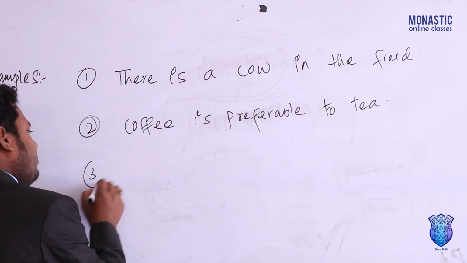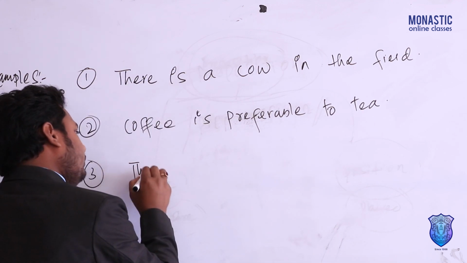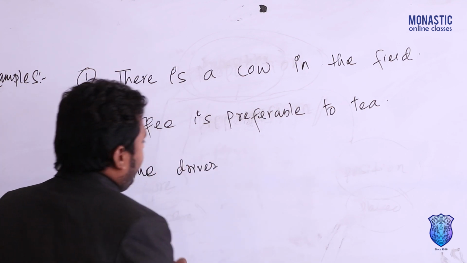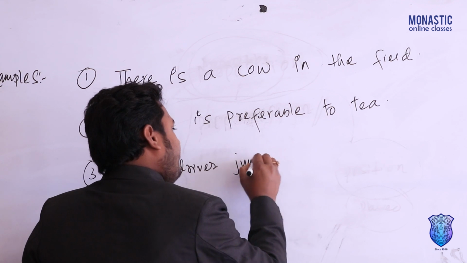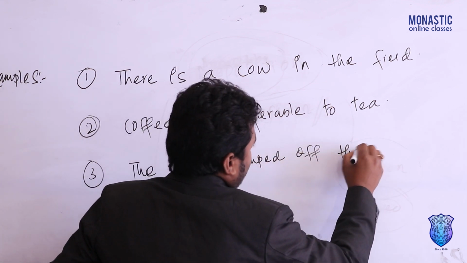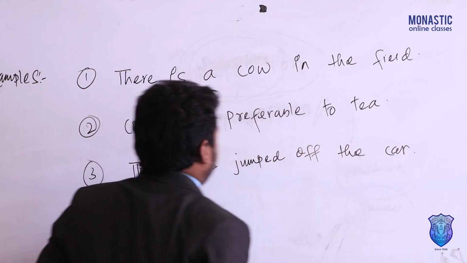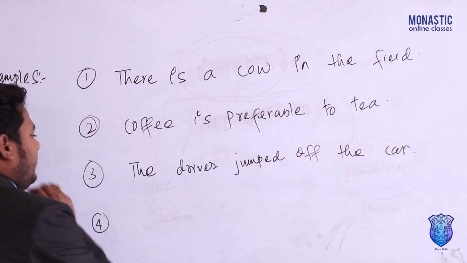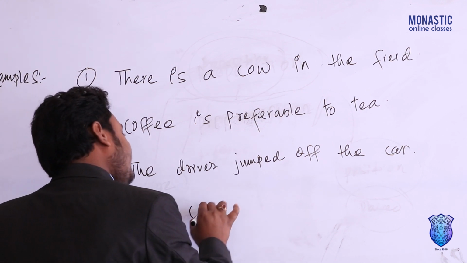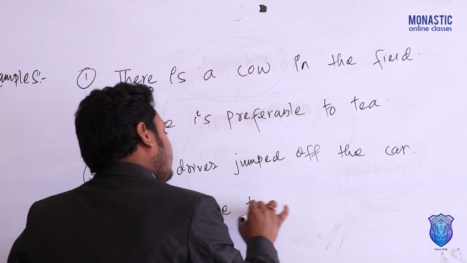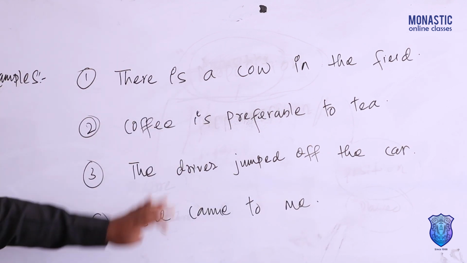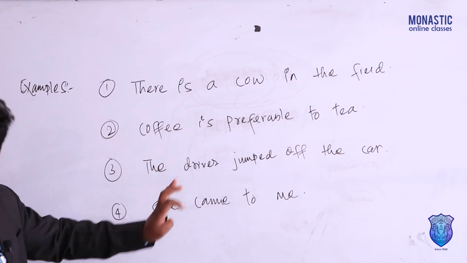Third example: the driver jumped off the car. Fourth example: she came to me. We can go through the examples to understand preposition.